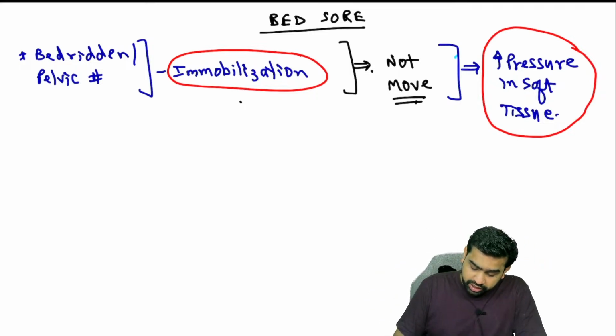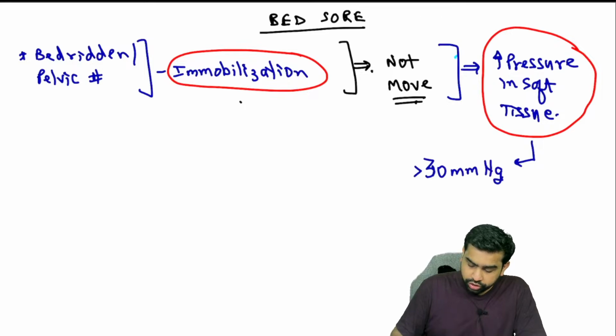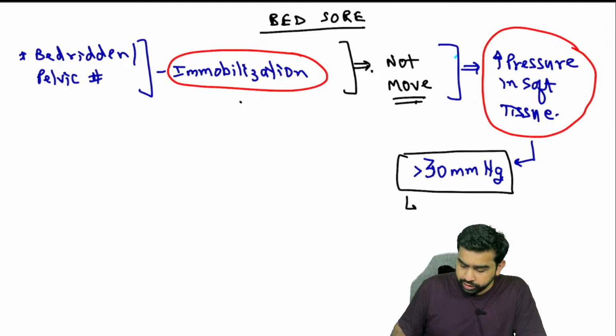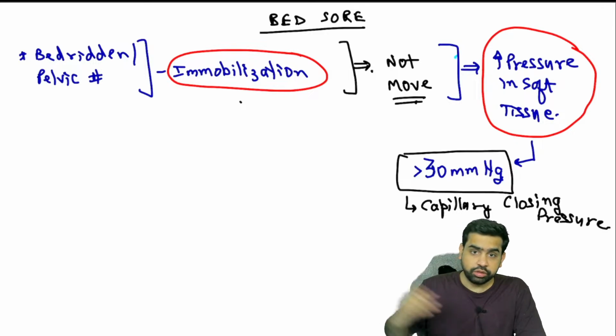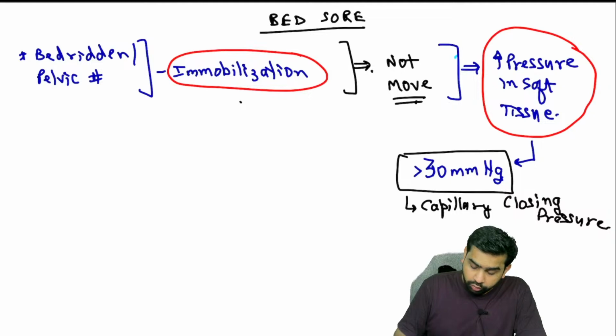Now if this pressure rises beyond 30 millimeters of mercury, which is the capillary closing pressure, what is going to happen?